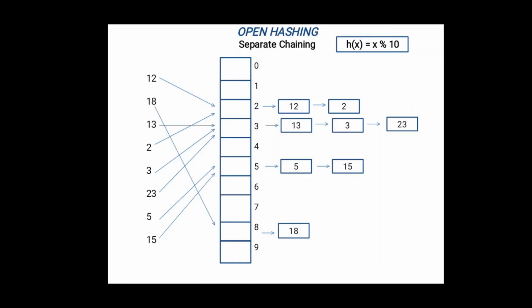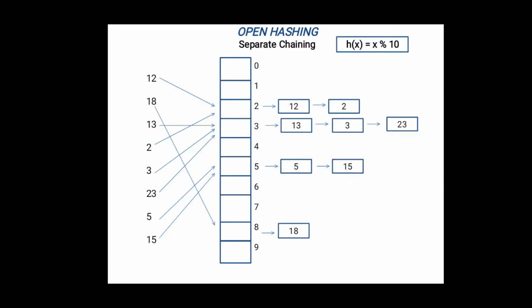Anyway, there is a collision there between 12 and 2, like what I said earlier. When we encounter a collision in separate chaining, we just make a box on the side where the collision occurs. So 12 and 2 will sit next to each other at table index 2.